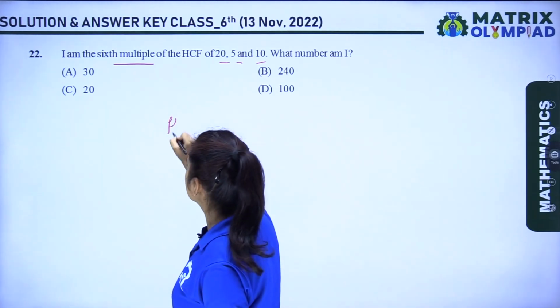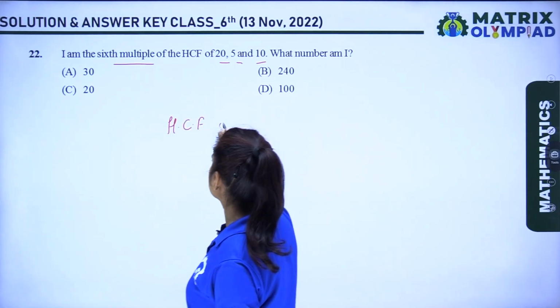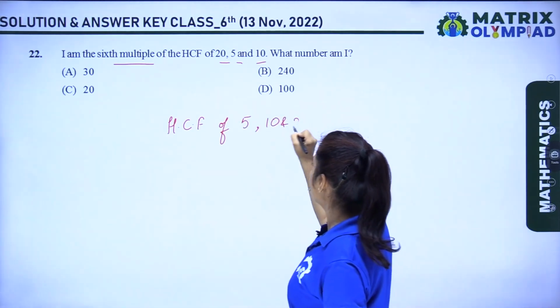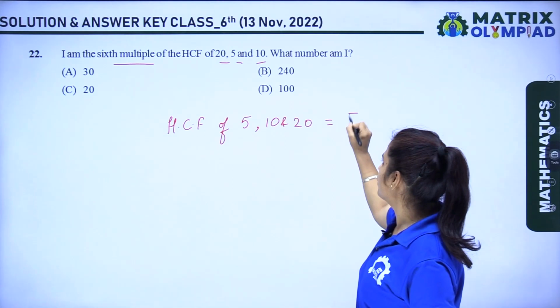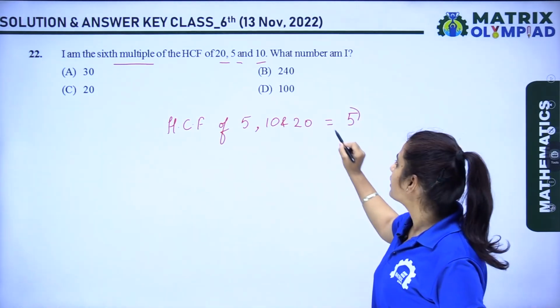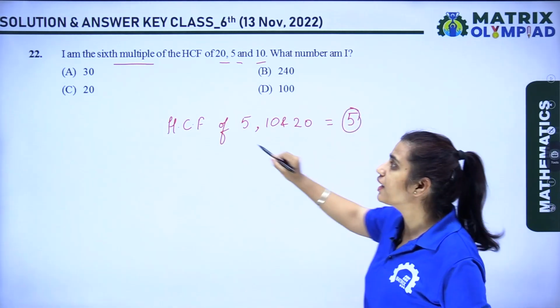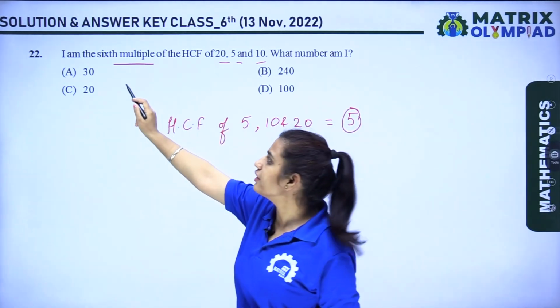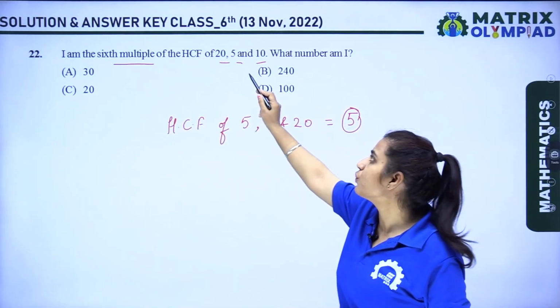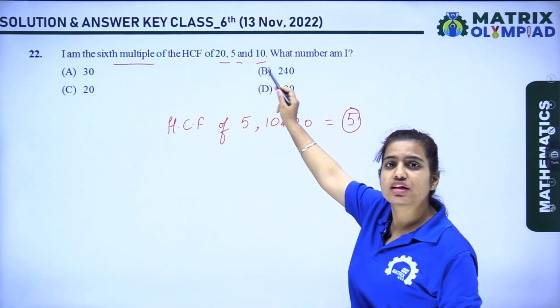Let's write down the HCF of 25 and 10, that is equal to 5. Now, we have to multiply this 5 by 6 because it is written here, I am the sixth multiple of the HCF of 25 and 10.